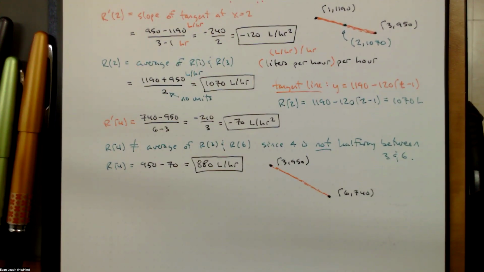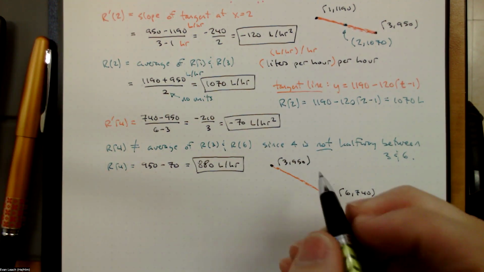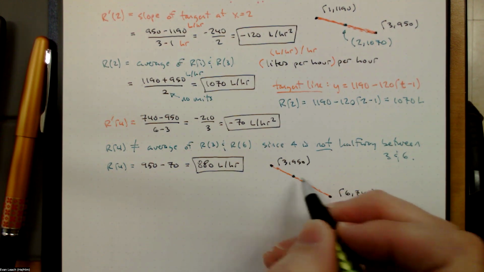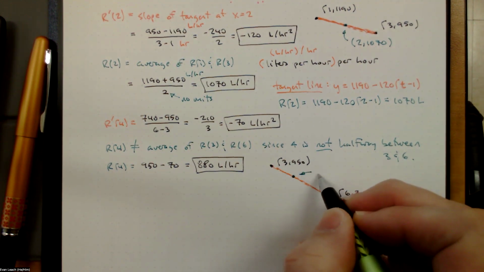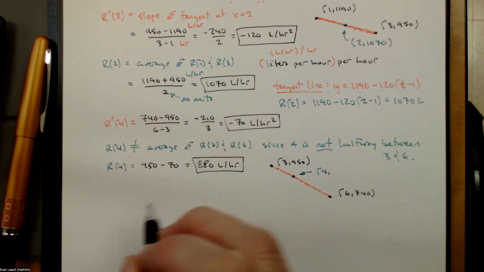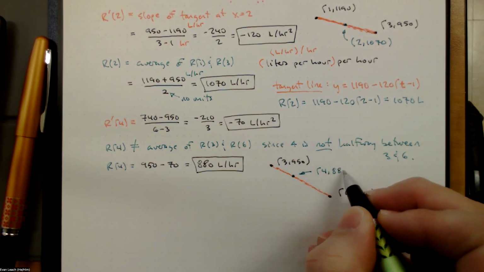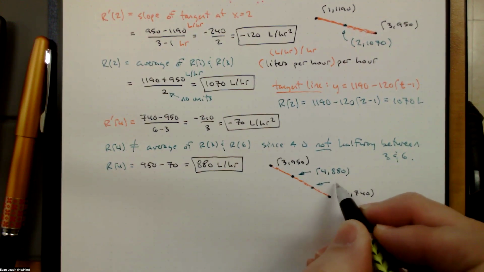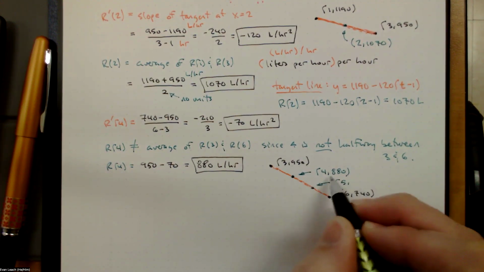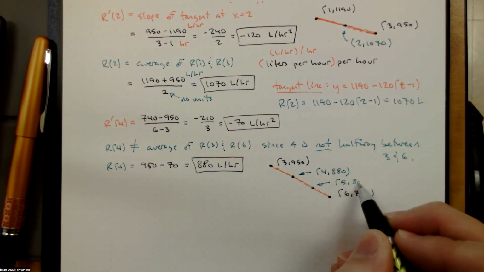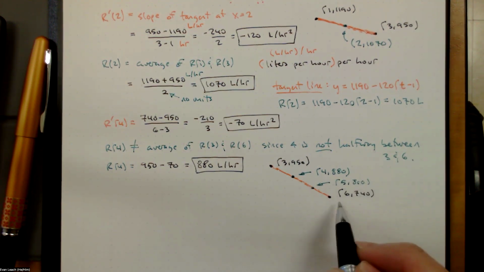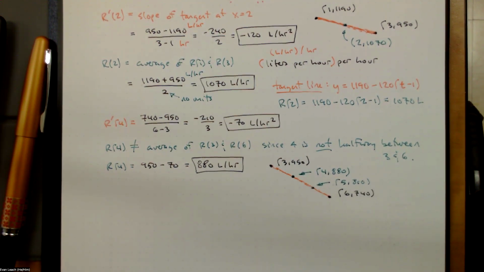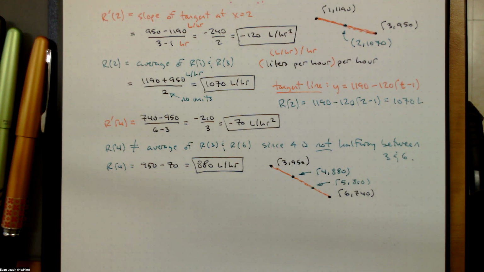But now instead of wanting a point halfway in between, I want a point a third of the way in between. There'll be another point here at 5, where we subtract another 70. And then 6, 740, we could subtract another 70.